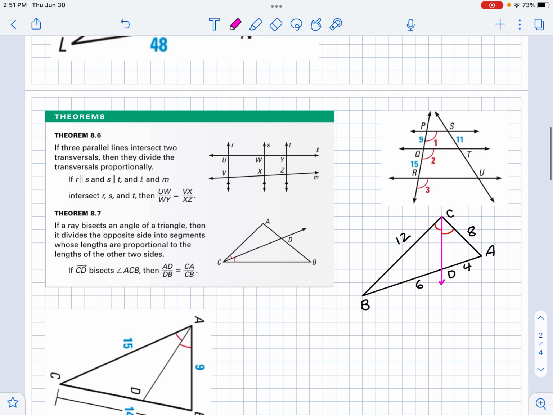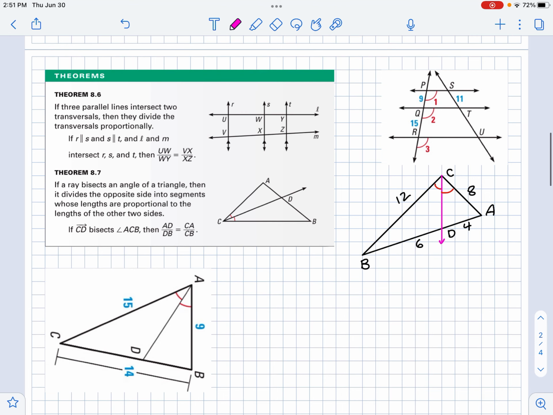Now let's move on to the next two theorems. Let's suppose that we have three parallel lines, like we do here. We have R, S, and T, and those parallel lines intersect two other lines, in this case, L and M. Let's suppose that happens. Then there is a proportionality that exists.